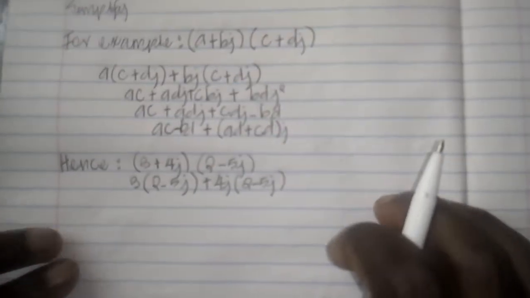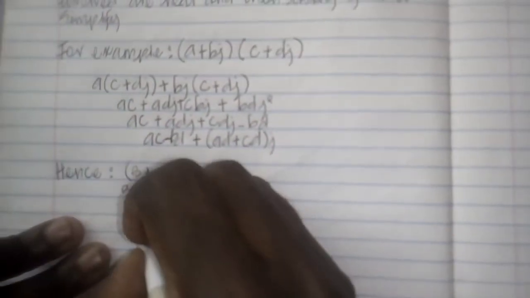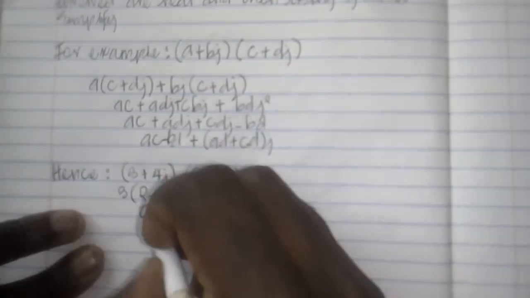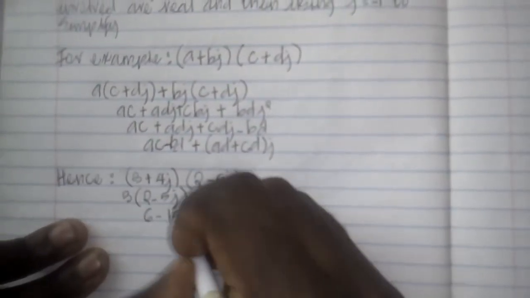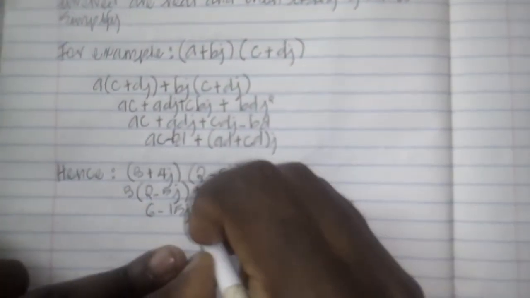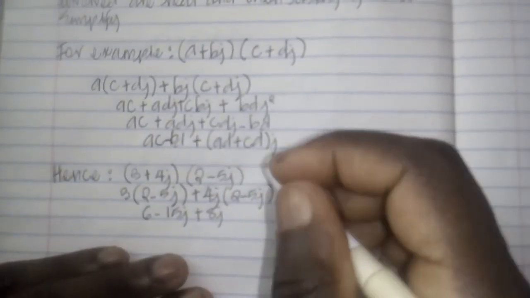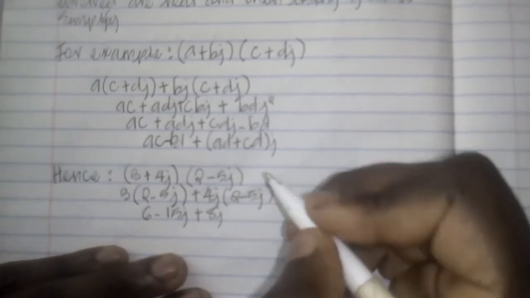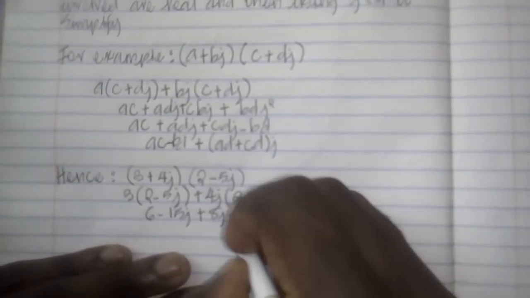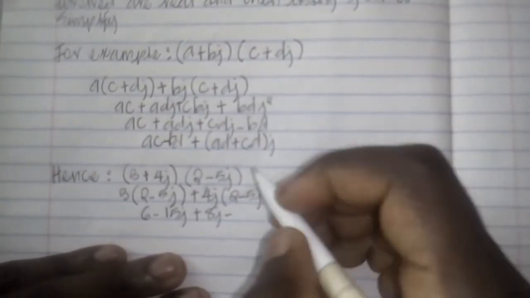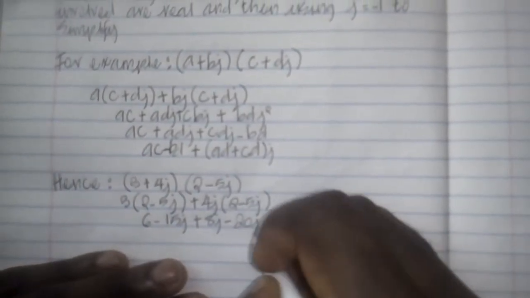Okay, this will be 6 minus 15j plus 8j minus 20j squared.